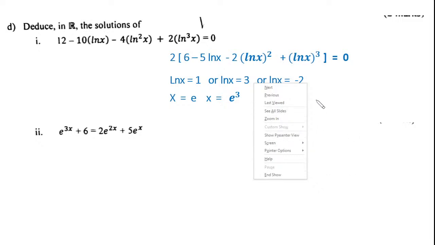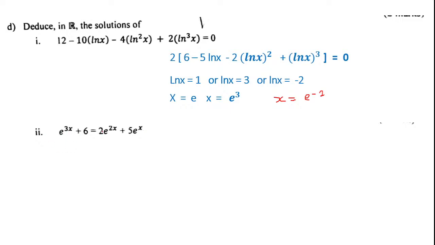Okay, I cannot put it down because this is locked a bit. So let me see. So the last one will be x equal to e to the power negative 2. Okay, so these are the roots of this equation.